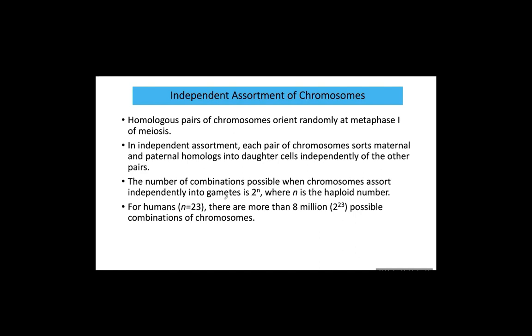The number of combinations is 2 exponent n, where n is the haploid number. In the case of a human, n equals 23. So you have to multiply 2 by 2 by 2, 23 times. It gives 8 million possible combinations of chromosomes. This number is more than enough to produce genetic variability.